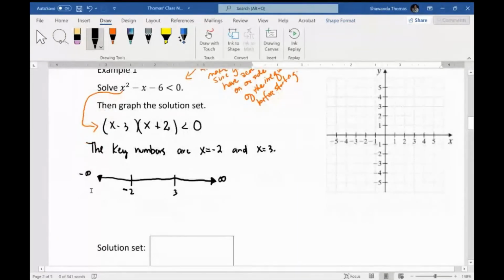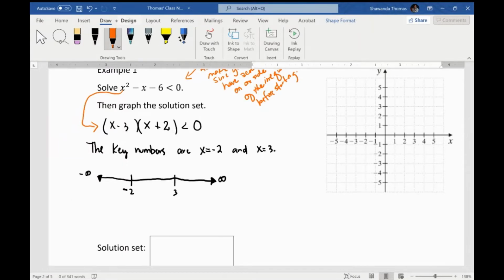Let's start with negative infinity to -2. Let's choose a test value. What number do you want to plug into our x minus 3, x plus 2? You have to be between negative infinity and -2. -3.